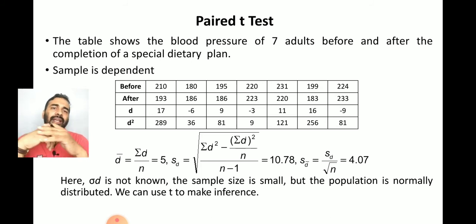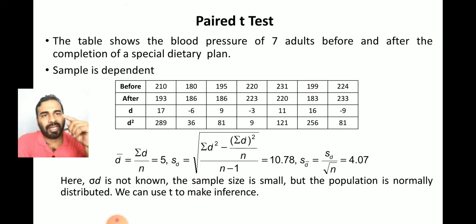The total number of observations is 7, so it will be around 5. The average difference is 5. Then the standard deviation is 10.78. The standard deviation of d bar will be sd divided by root 7, which is 4.07.